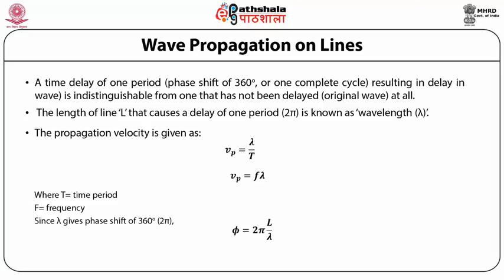Since lambda gives a phase shift of 360 degrees, 2 pi, phi equal to 2 pi L by lambda, where phi is the phase shift due to the line of length capital L. Thus, transmission lines can also be used to introduce phase shifts and time delays deliberately when required.